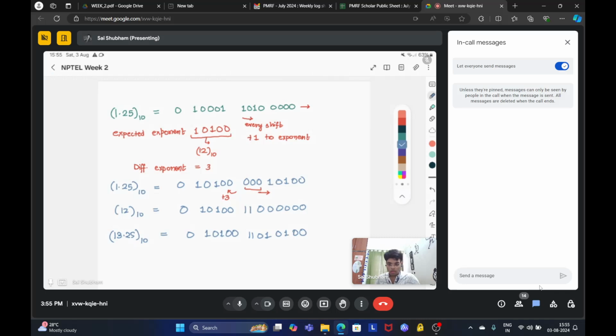Can you repeat the shift in exponent? Okay. I will explain using the decimal system. The same is happening in this floating point.